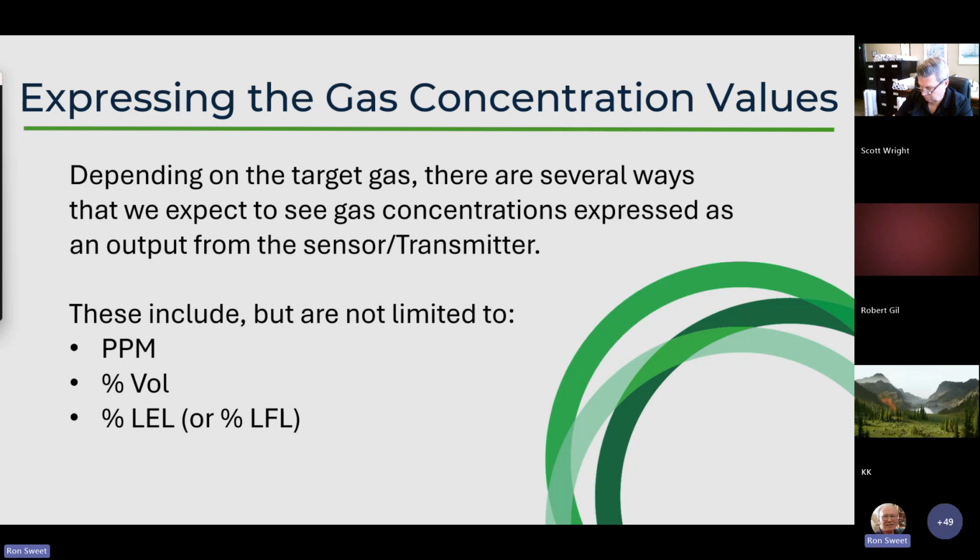In that atmosphere, there's 20.9% volume oxygen. 20.9% volume translated to parts per million is simply 20.9 as a percentage of 1 million parts per million, which is 209,000 parts per million. So the ambient oxygen inside that space is 209,000 parts per million.